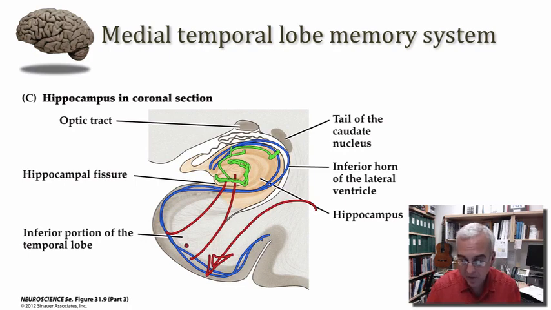And from there are relays from this cortex, called the entorhinal cortex, into various divisions of this hippocampal network. And from there, through mechanisms that we think are inclusive of long-term potentiation and long-term depression, memories are stored. Now, we know much less about the actual storage of the memory than we do about its acquisition.